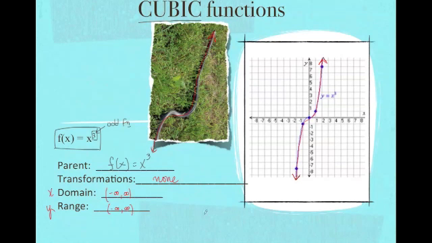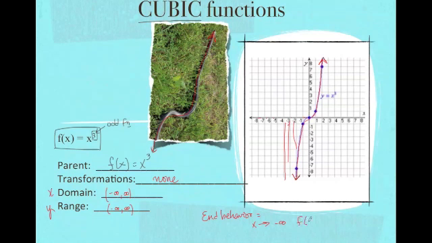If we talk about end behavior for this function, you'll notice that as x approaches negative infinity, so as we look along going negative, the function itself is dropping to negative infinity.